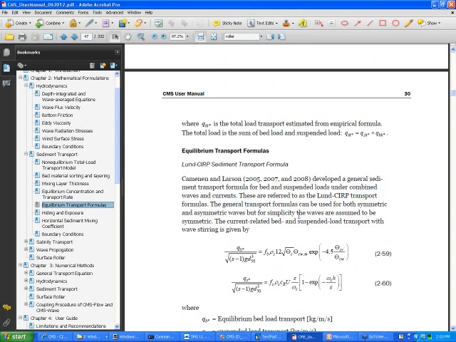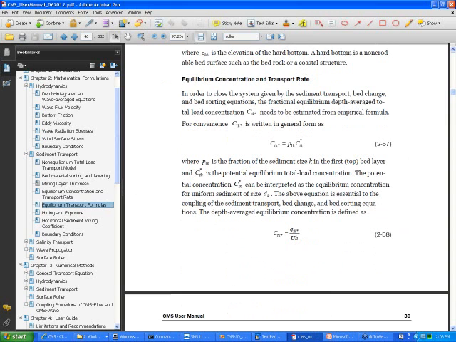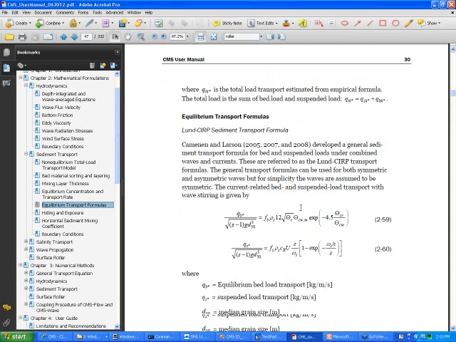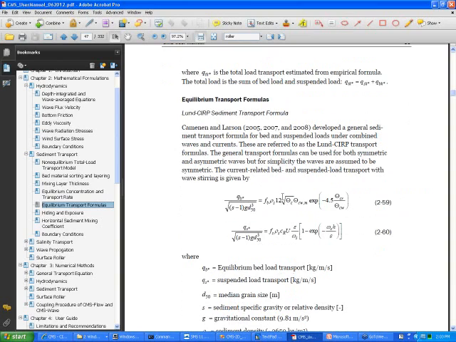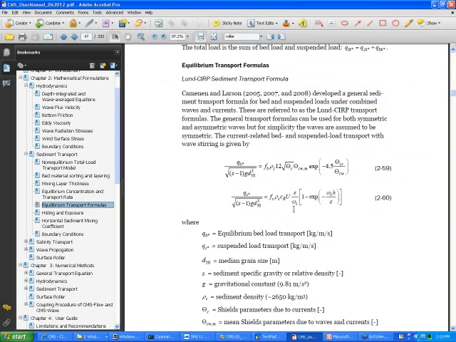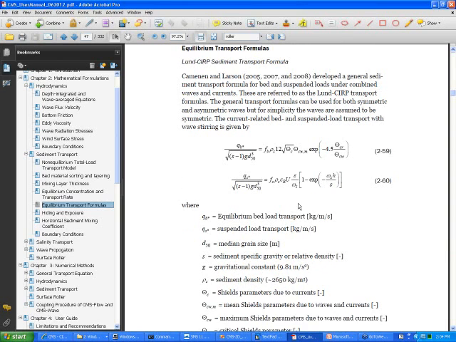Going back to the equilibrium transport formulas, we have several formulas available in CMS. The default is the Lundstrom sediment transport formula, which was developed within our group since maybe 2004, 2005, and they work pretty well. They calculate separately the bed load and suspended load, and they were developed originally for single-size sediment transport.